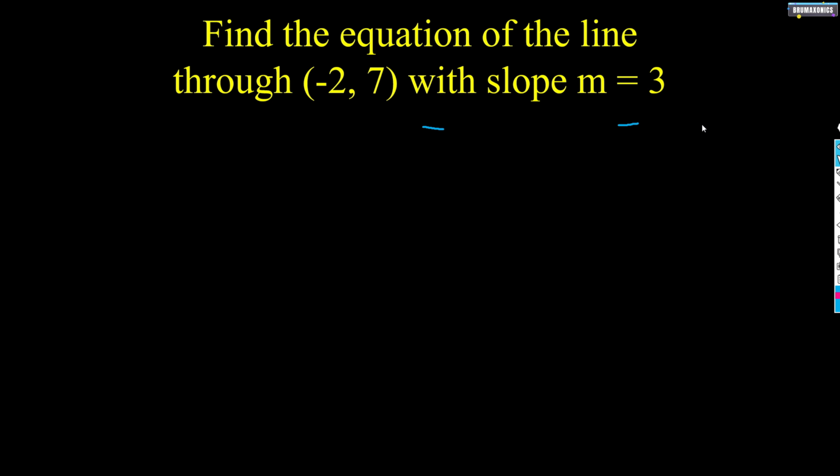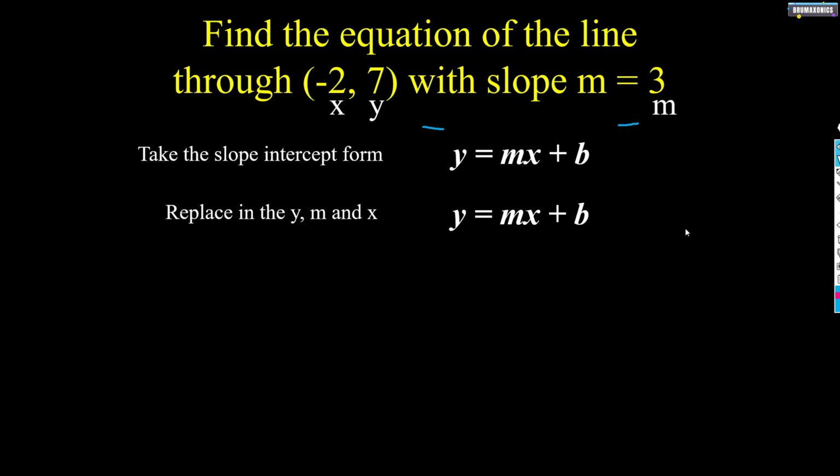Find the equation of the line through the given values with a slope m, right? So if you check here, we now have the slope and also the points, meaning that we can go and write down our equation.